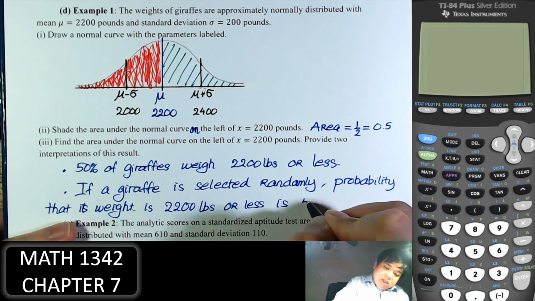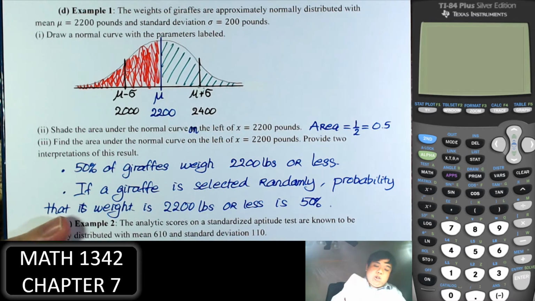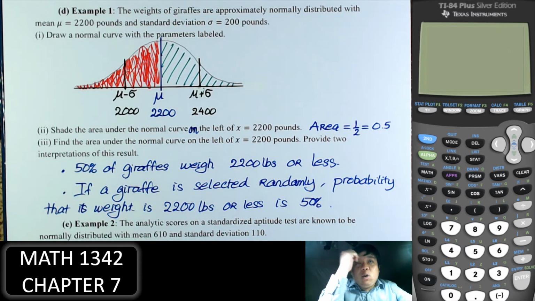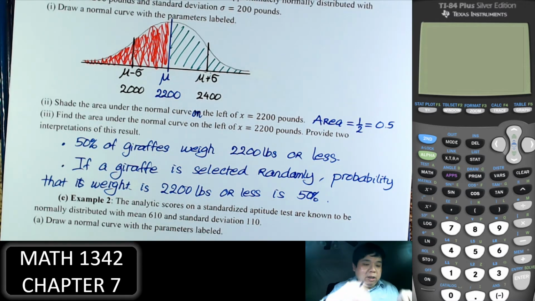It's 50%. So we have the area is 50%, and that is also the proportion of the population less than the mean 2,200 pounds. And I would say if we select one giraffe randomly, the probability that its weight is 2,200 pounds or less is 50%. So the probability, area, and the proportion of the population will be the same.